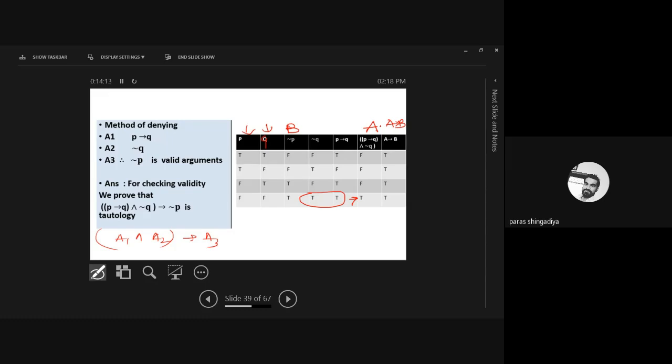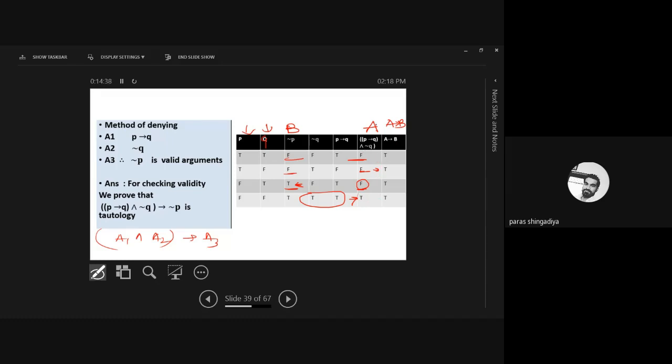In the first row both reflect false, so it will be T as per the rule of the conditional operator. Second row, both are F, so it will be T. In the third row, F implies T, so the outcome will be T, and in the last both are T, so it will be T.